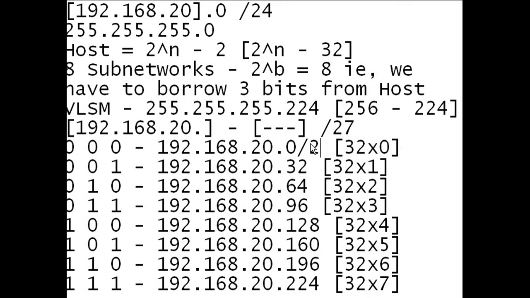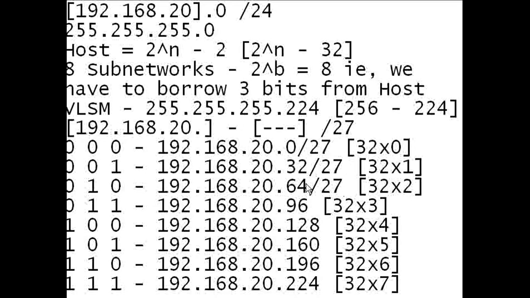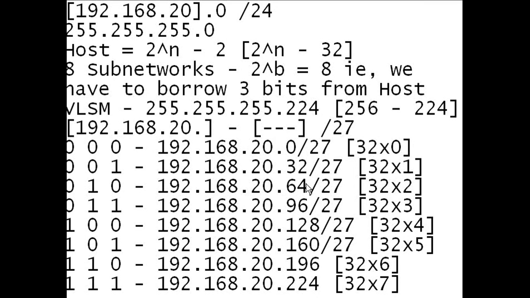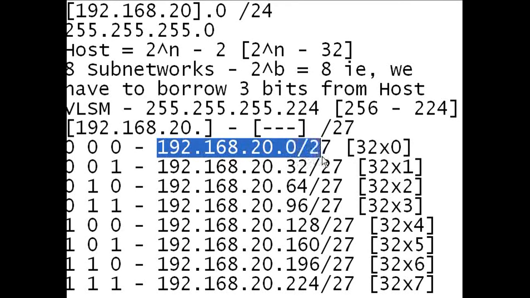If you pick any subnetwork, you will be able to calculate all of it in terms of network address and broadcast address. So let's pick this particular subnetwork and start calculating it. This is the network address. What will be the broadcast address?